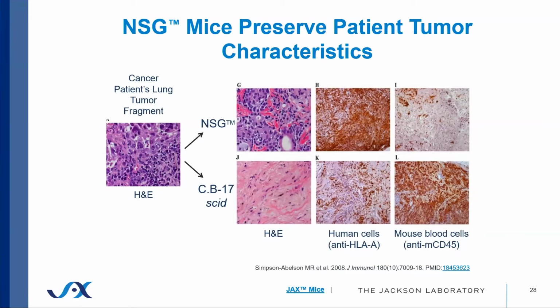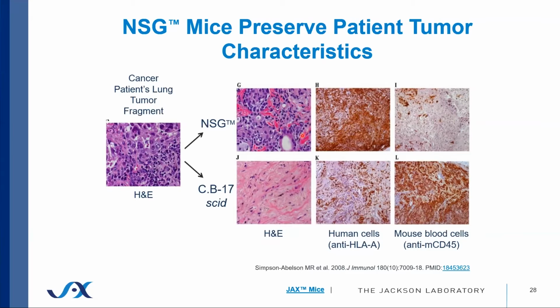So in these histological images, you can see a patient's lung tumor, which is non-small cell fragments here on the left. And these non-small cell fragments were engrafted subcutaneously into the NSG mice here in the top row versus traditional scid mice on the bottom row, which was an earlier predecessor of the NSG mice, as my colleague Kat described. And then the progression of the tumor engraftment was compared head to head after 9 weeks.